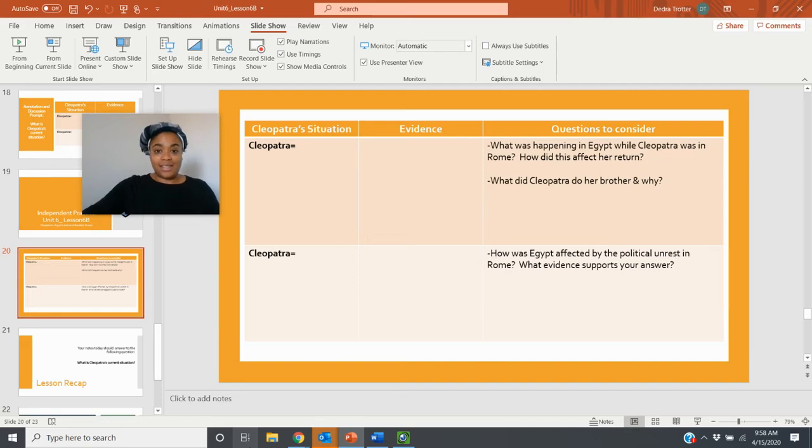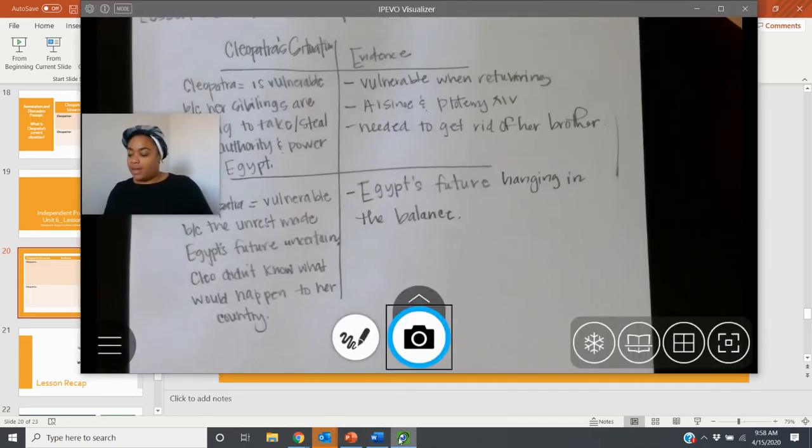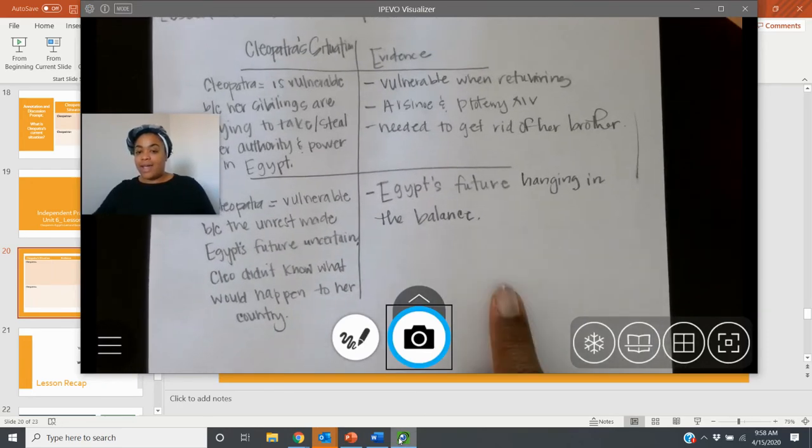All right, and that is time. So, scholars, I am going to share with you my notes. Again, for my evidence, I did put that Egypt's future is hanging in the balance.